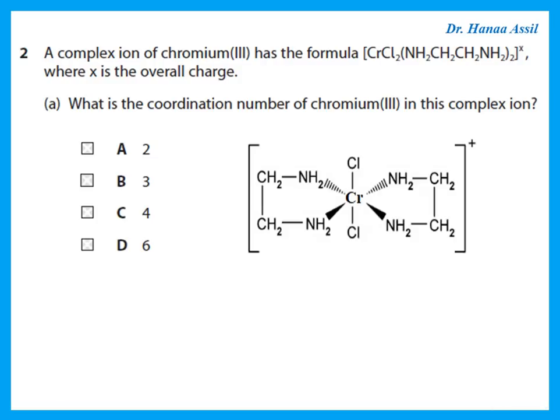So we have 2 chlorines and we have 2 of this NH2, CH2, CH2, NH2. So this is something that has 2 NH2s, and that means each one of it will make 2 bonds with the chromium, and that means I have an overall of 6 bonds to these ligands. So the coordination number is 6.